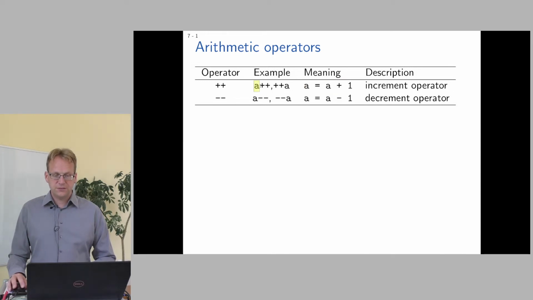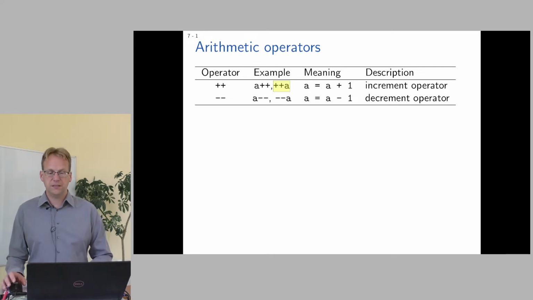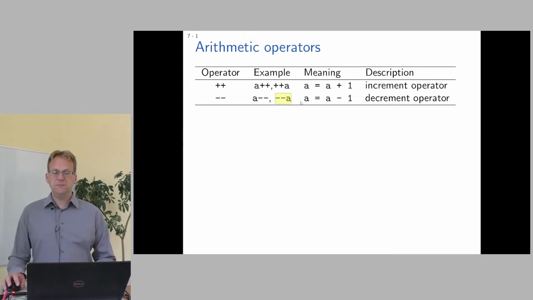So that will be the new value in that variable. Well, this comes in two different forms. Either we have a plus plus or plus plus a, and I will explain in a minute what the difference between these two forms is. But before I come to that, let's talk about the decrement operator. Of course, that is straightforward now. If we have a minus minus or minus minus a, well, that has the same meaning as a is equal to a minus 1.